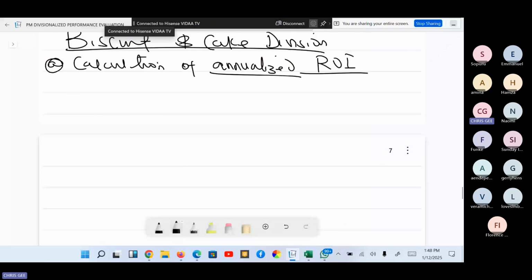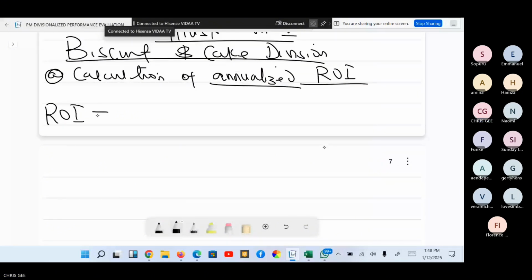So our ROI equals net profit divided by the net assets multiplied by 100 over 1.